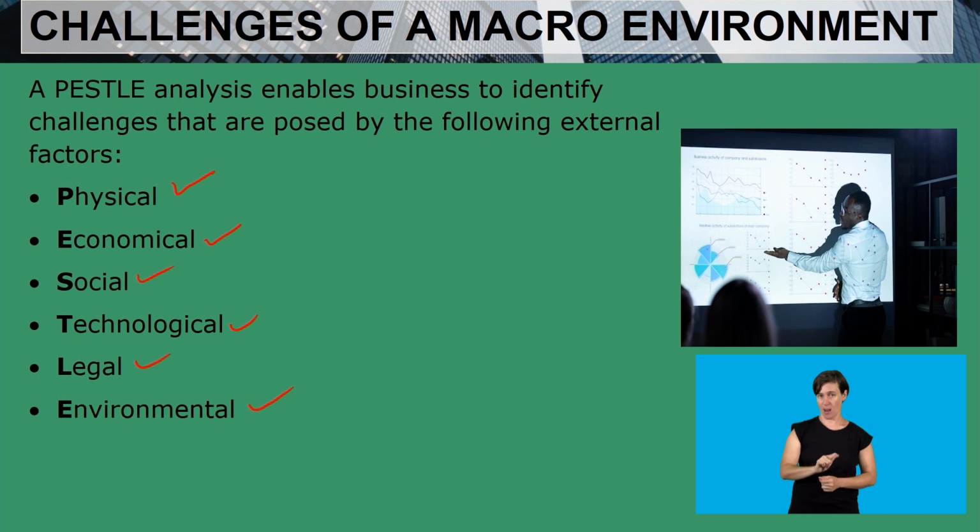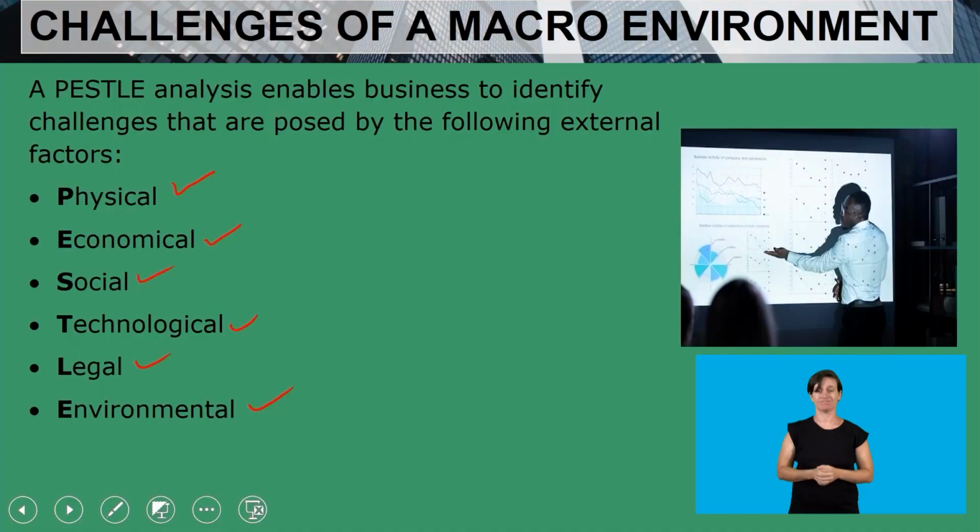As a revision, with economic, we're talking about your repo rates and your inflation rate. With social, we're talking unemployment and poverty. With legal, we're talking your legislation as well, and so on and so forth. You understand? So these are the challenges of a macro environment using a PESTLE analysis.